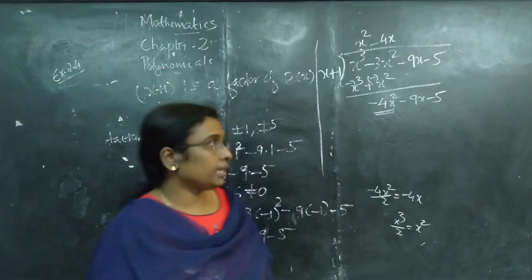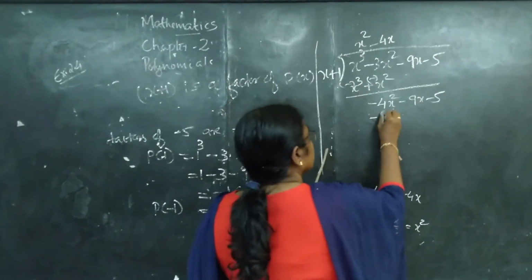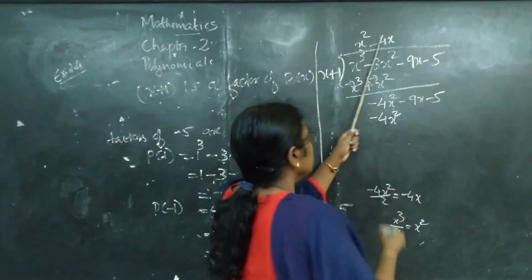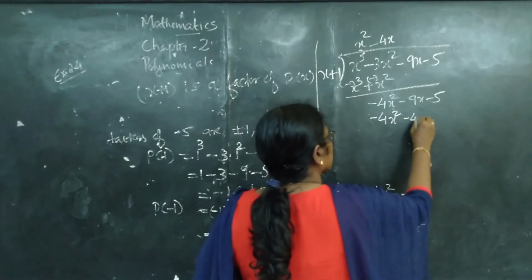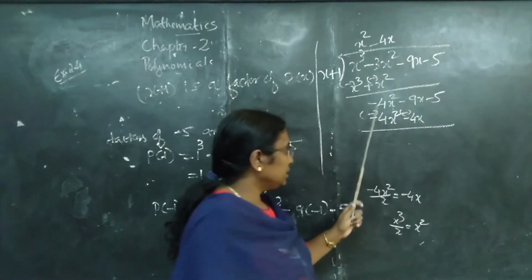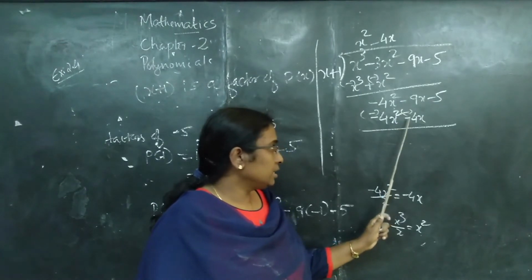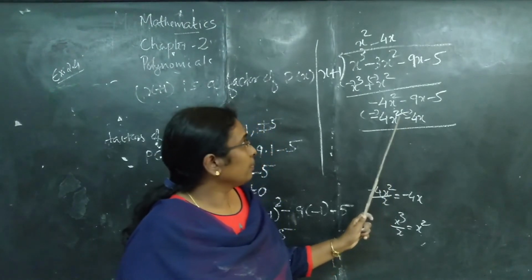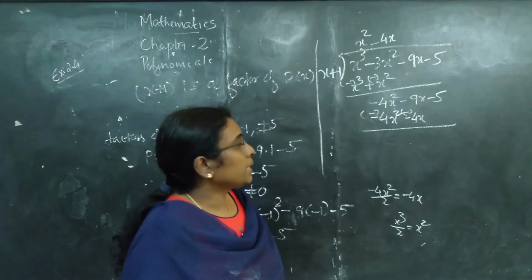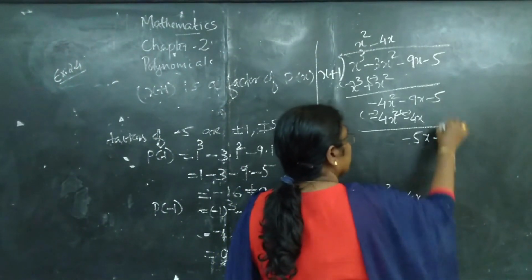Then multiply minus 4x with x plus 1. We get minus 4x square minus 4x. Then subtract: minus 4x square plus 4x square 0, minus 9x plus 4x is minus 5x, minus 5.